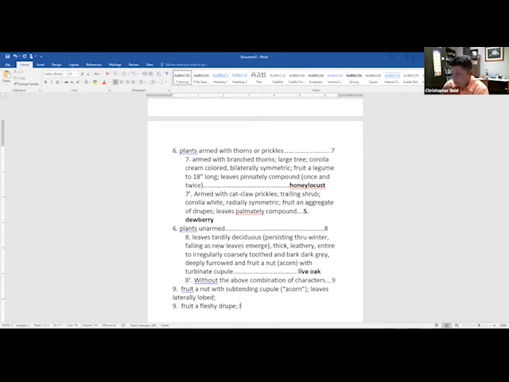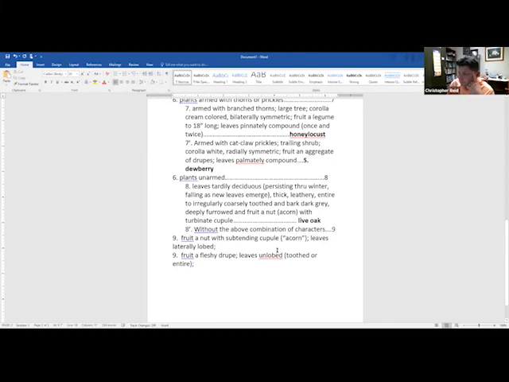So as opposed to leaves unlobed, but toothed. Well, let's just say unlobed. Well, toothed or entire. All right, so fruit, and we got leaves lobed versus unlobed. Those are the two best options I got.